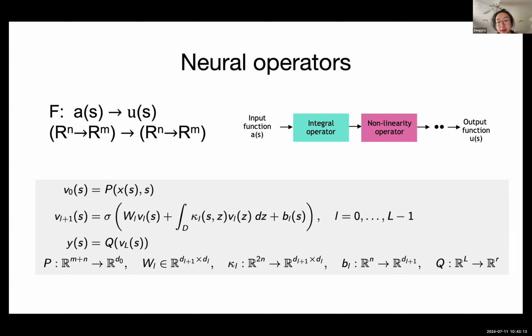Even so, a linear operator cannot capture solutions of nonlinear equations. We can stack linear operators with nonlinear operators. And if we have a deep model of many linear and nonlinear layers, such a model will have the capacity to learn nonlinear and non-local transforms for Navier-Stokes and complicated equations.